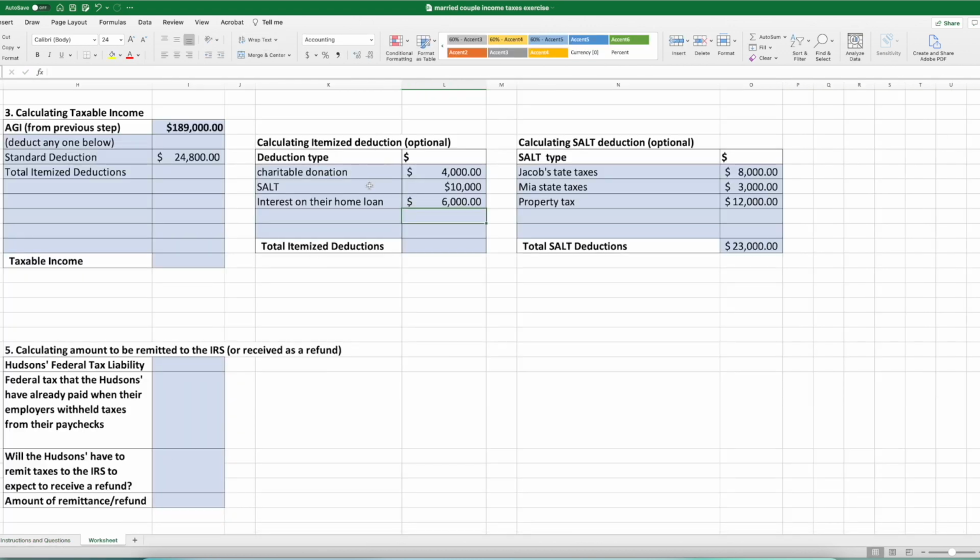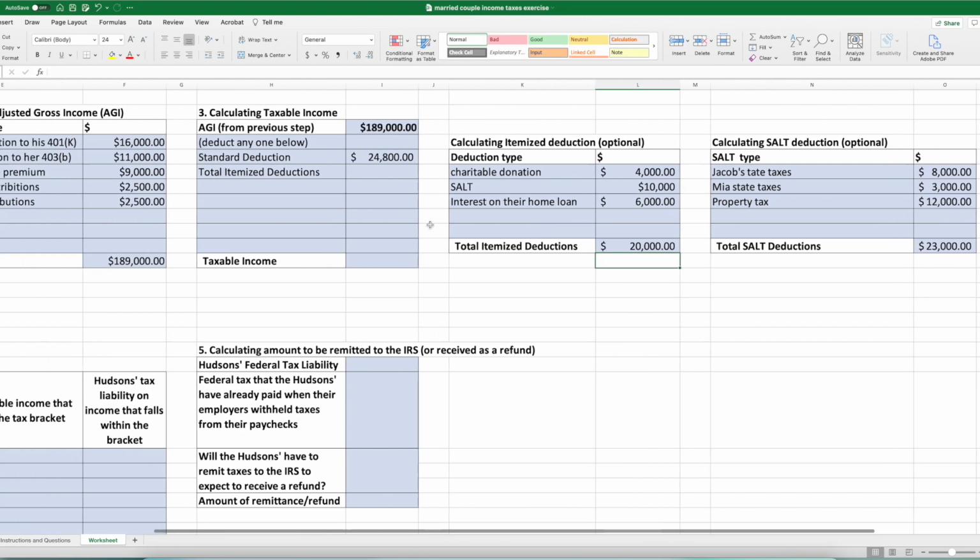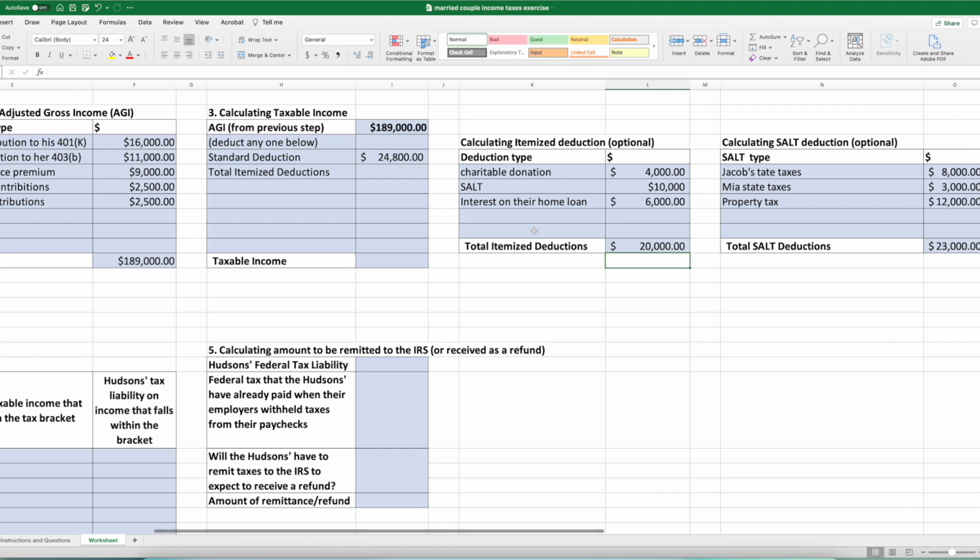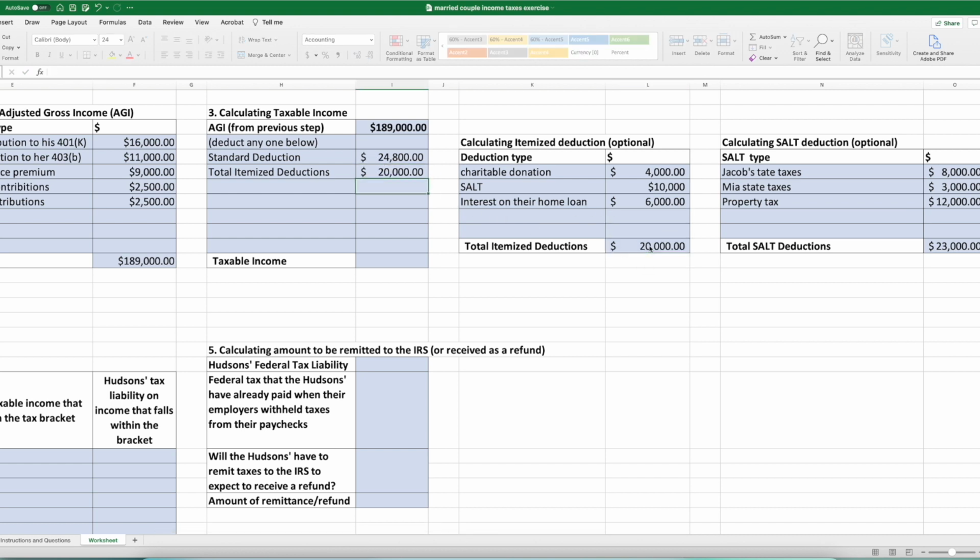So that's an itemized deduction, and that pretty much takes care of their itemized deductions. So I'm going to add them up. Make sure that it covers all the cells that we care to add, and it comes to $20,000. Now, so their itemized deduction is $21,000.